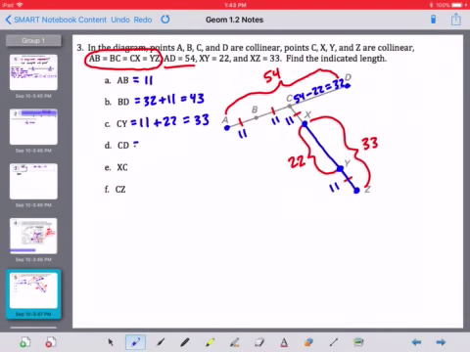CD we already found is 32. XC, or CX, it doesn't matter what order you write those letters in, is 11. And lastly, CZ would be 11 plus 33, which is 44 units.